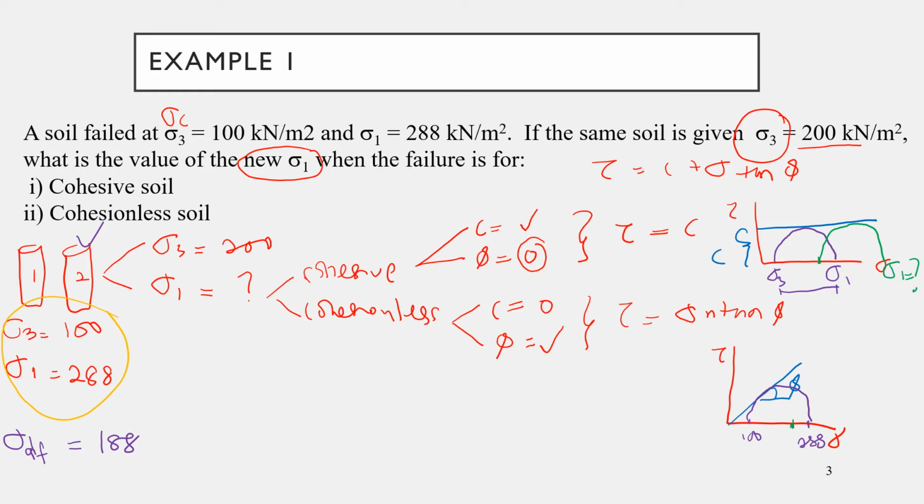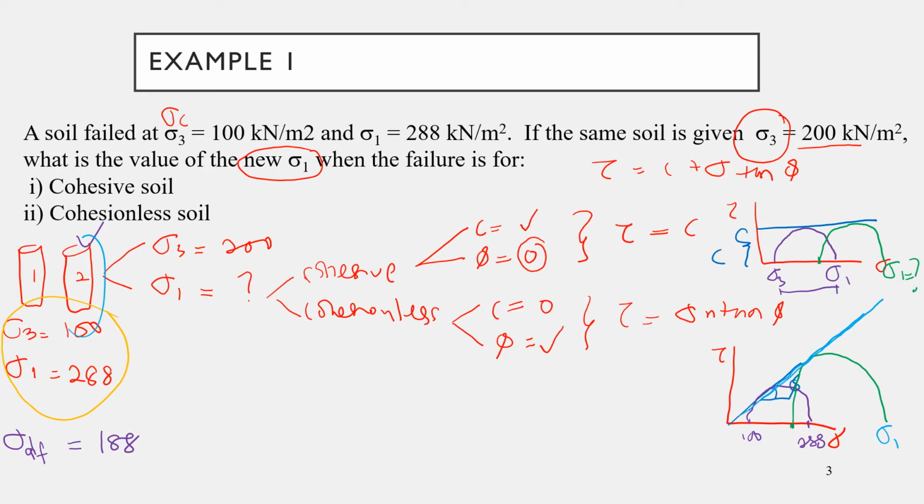You can do a trial and error here to plot another circle and make sure that it has to touch the failure line, because these two samples will share the same shear strength parameters. So the new sigma 1 for cohesionless soil can also be obtained by using a graphical solution, as long as the second circle representing the second specimen touches the same failure line.